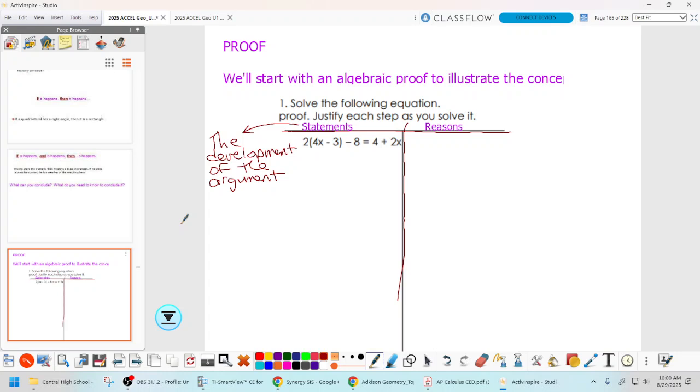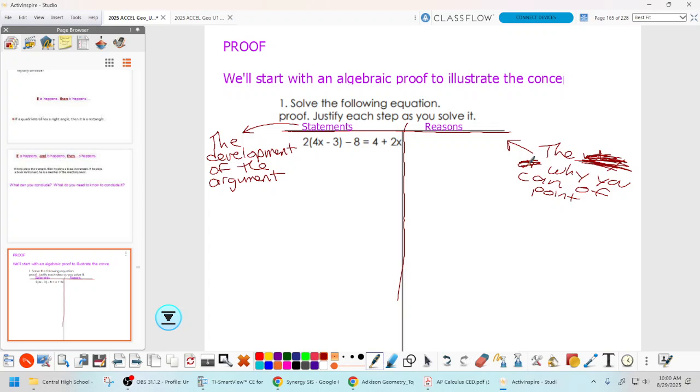So the development of the argument happens on the left side. On the right side is the why, or why you can, of each point.